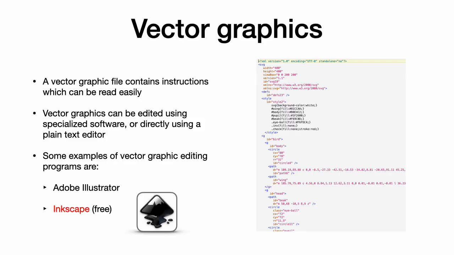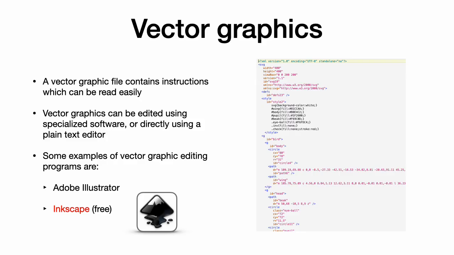If the picture we want to draw is complicated, the best way will be to use specialized software that creates this kind of file. Some typical examples of software that can be used to create such vector graphics are Adobe Illustrator or Inkscape.